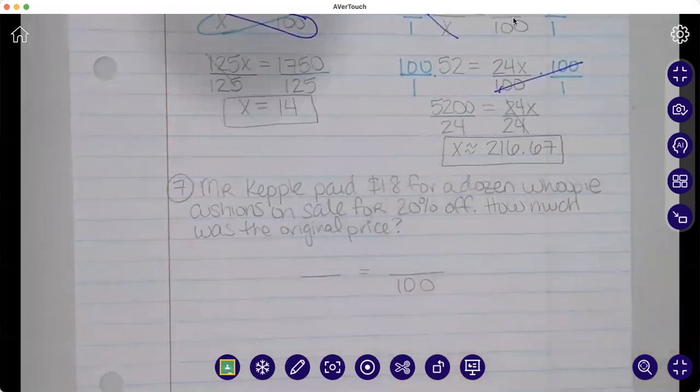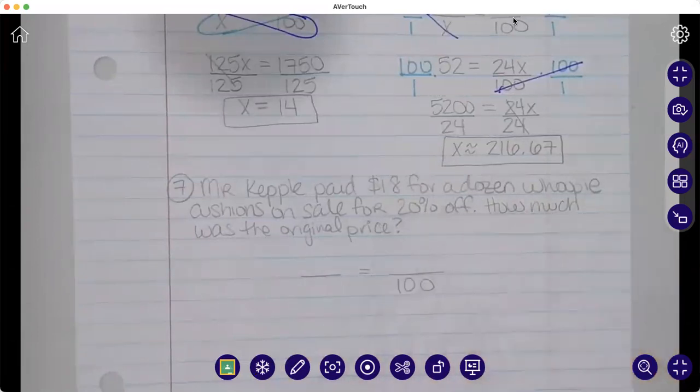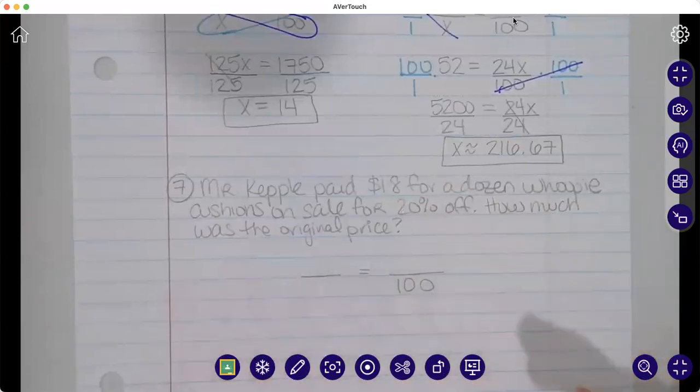Now, if you think about it, if you are getting a 20% off discount, how much of the original item are you paying for? Well, every percent is out of 100, so if I'm getting a 20% off discount, that means I'm paying for 80% of the original product, okay? Because 100 minus 20 is 80.